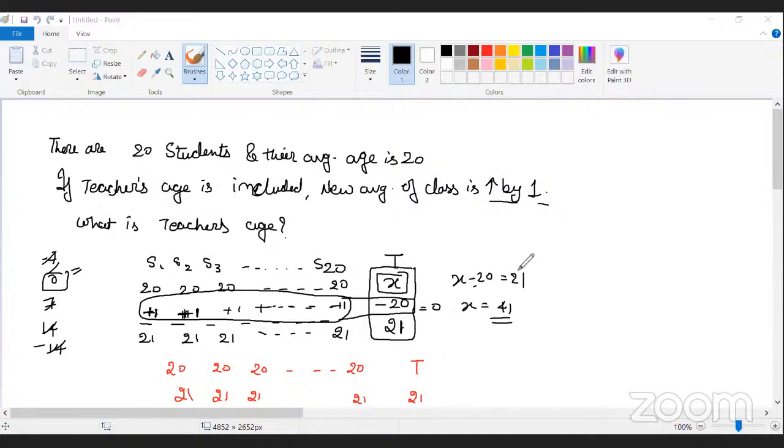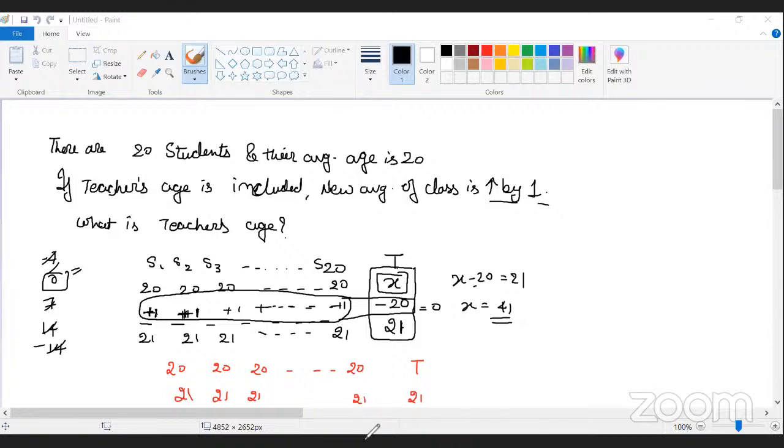So what is happening here? The teacher is giving 1 year to each student. It means that the teacher is giving 20 years from her age. It means that the teacher is 41. Did you understand it now? You can do it orally. Got it, right?